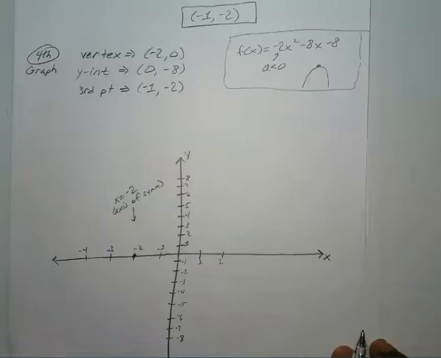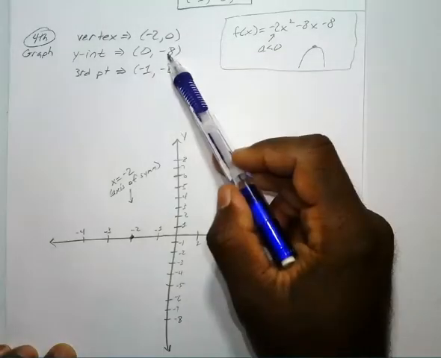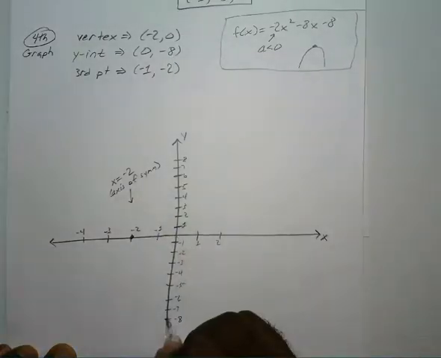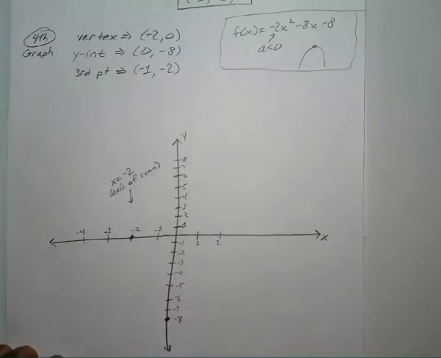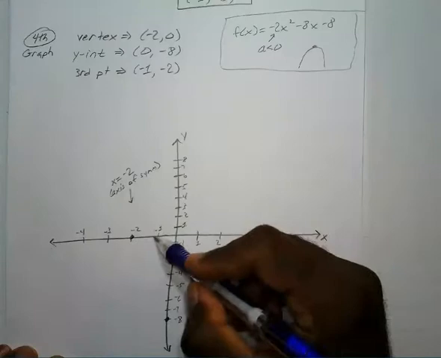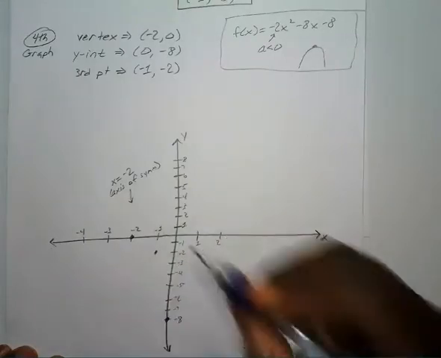And I'll show you how that comes in handy when you're graphing. So we have our point 0, negative 8. So x is 0, y is negative 8. That's right there. And we have our point negative 1, negative 2, which is about right there.